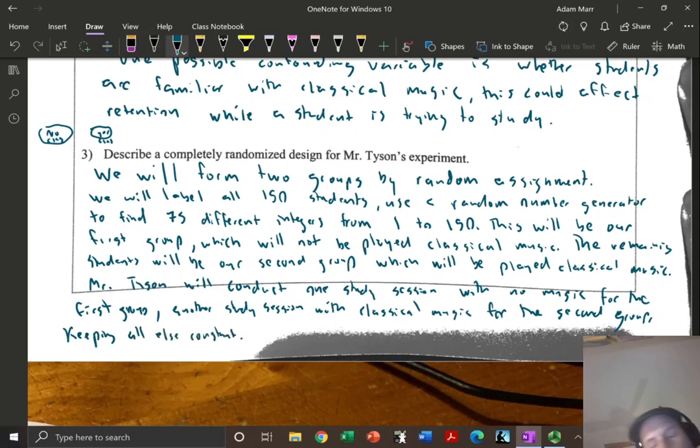And then, of course, we're going to give both groups the same test. Both groups will be given the same test, and we will compare the results.